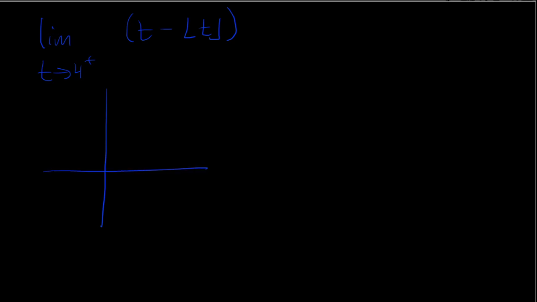It's probably the easiest. If I have the graph, then it's really easy. So we know between 0 and 1, it's going to be 0. Then we're going to jump to 1, then 2, 3, then 4.